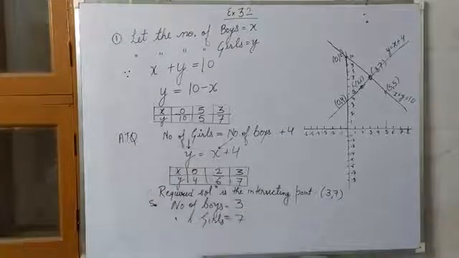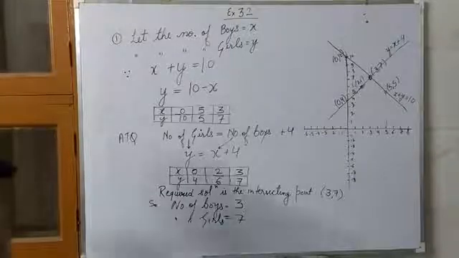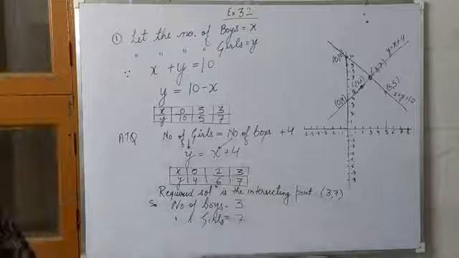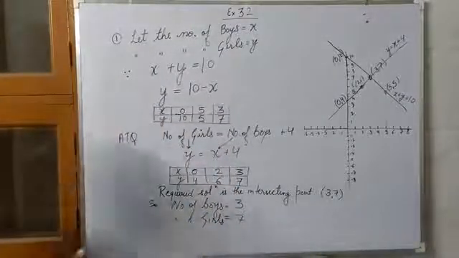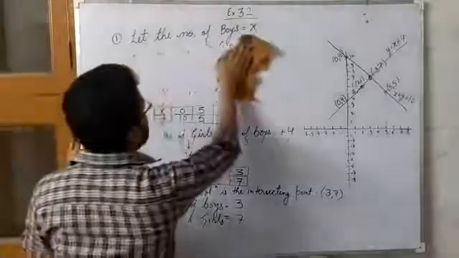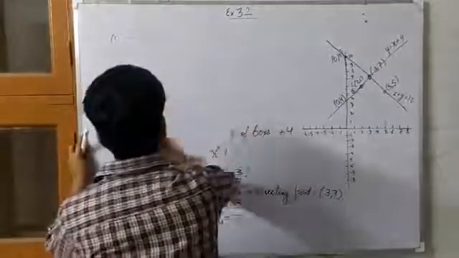Now come to the second question, right? Question number second and third are similar, so we will be solving question number third, right? Pause the video and note this down. Okay. Now come to question number third.